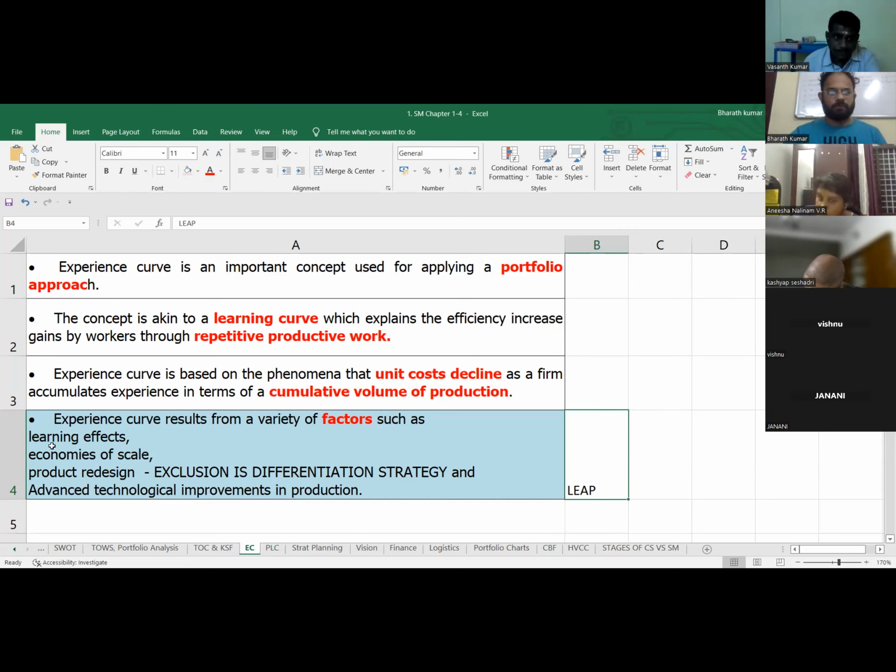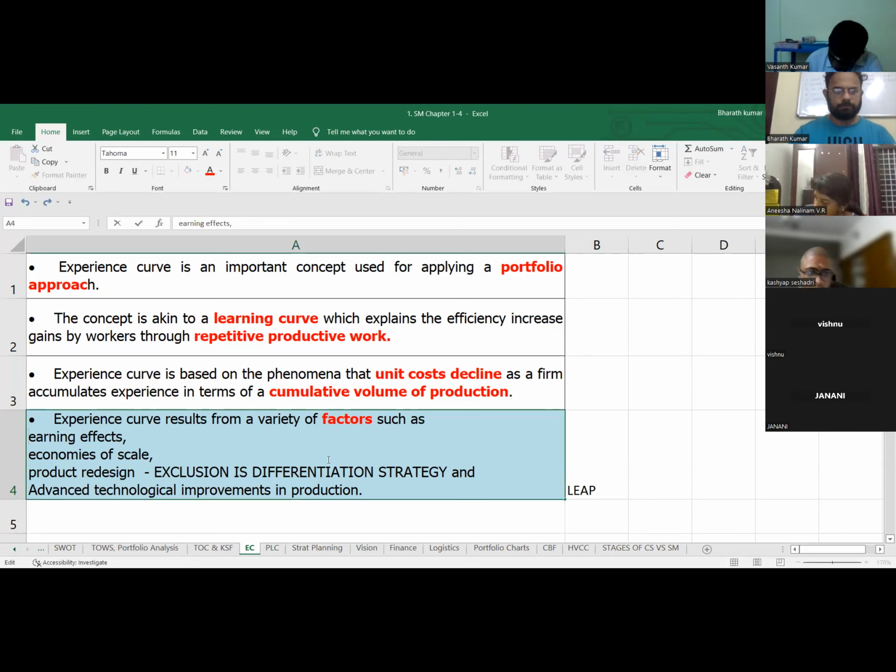So in this, there are 4 factors. One is called learning effect. That is your first point. Second is economies of scale. Third, advanced technology improvement. Fourth, product redesign.